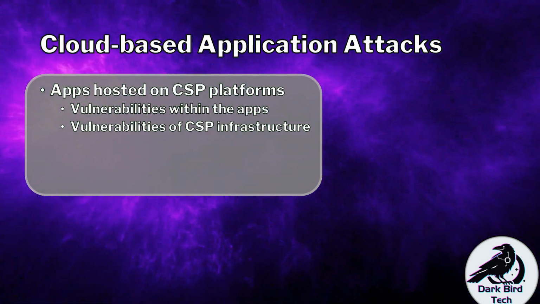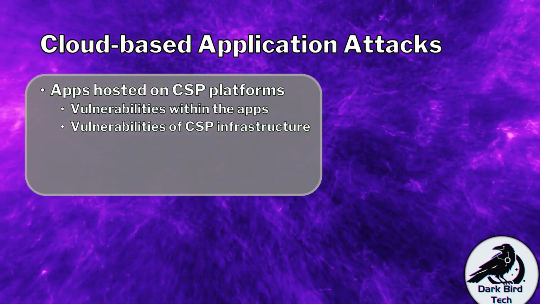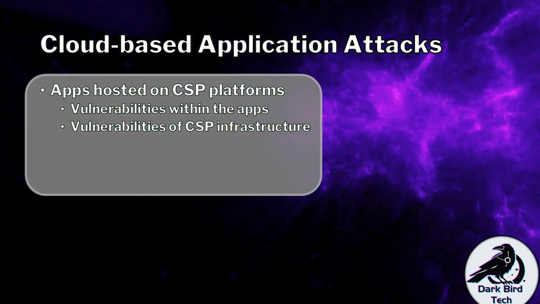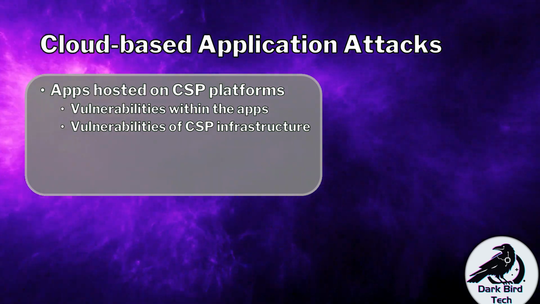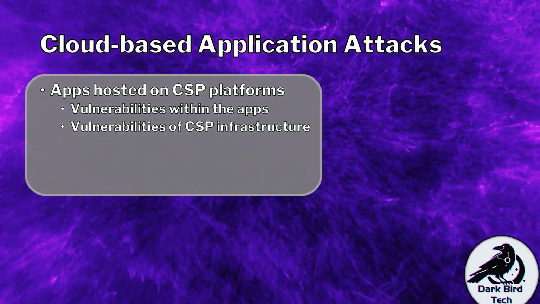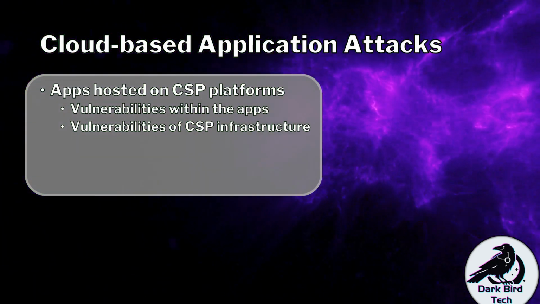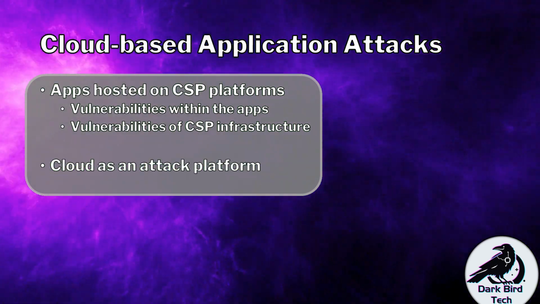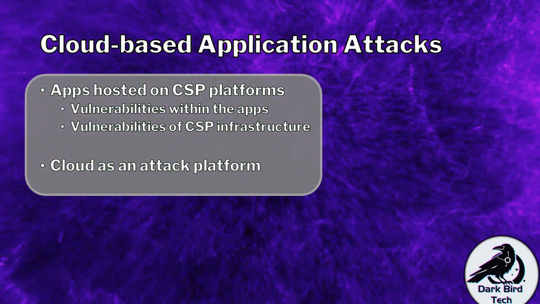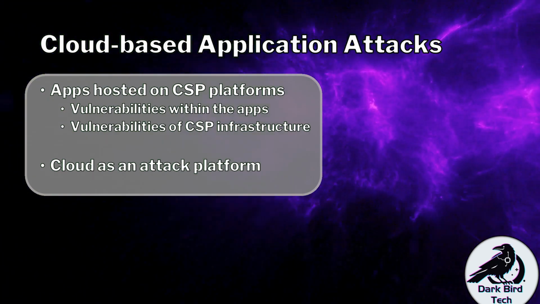In other words, what's going on between the applications. That's what I want to know about, because that is where the nasty, really skilled attackers might come in. But there's also another interesting aspect around cloud security and vulnerabilities, and that is also that the cloud could also become a platform for attack.